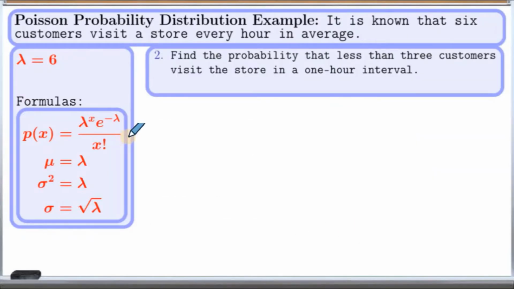Let's try to solve this problem here. Here we are supposed to find the probability that less than 3 customers visit the store in a 1-hour interval.